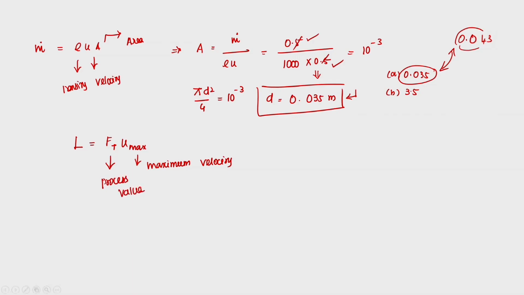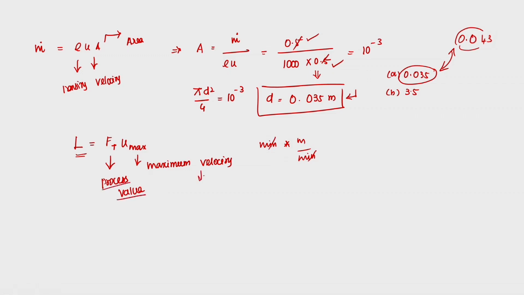The normal formula is that Ft is in minutes, L is the length of the tube, and U max is in meters per minute, so you will get length in meters. This is a process value, and U max.